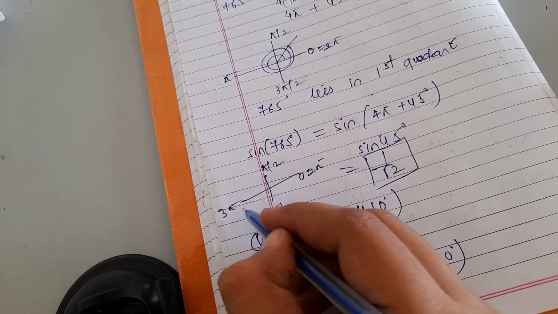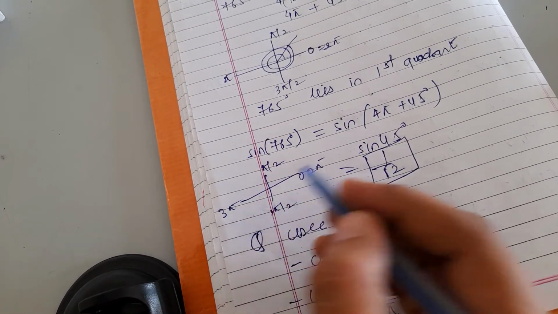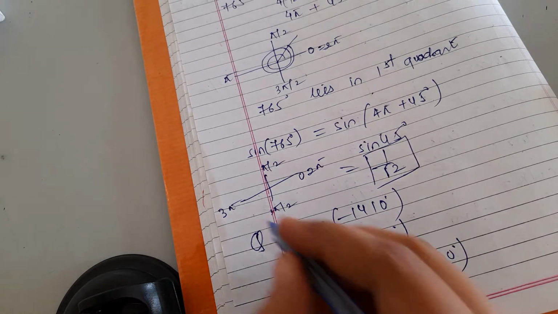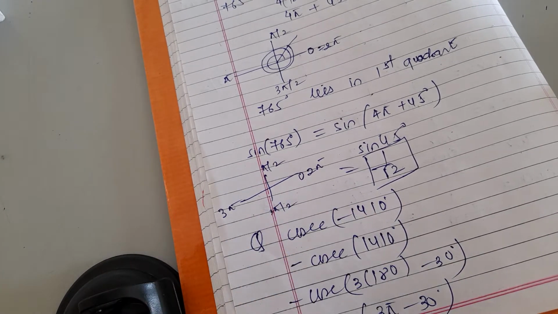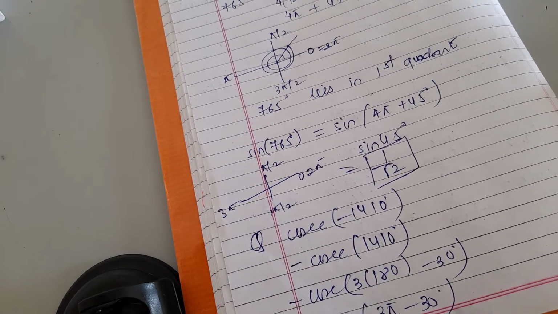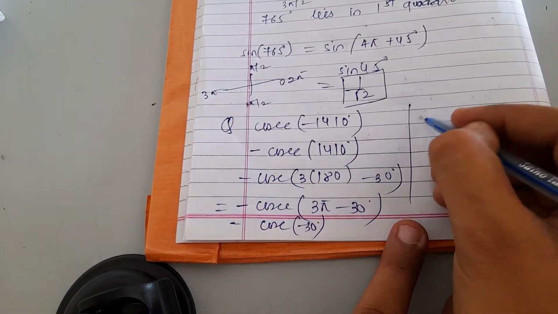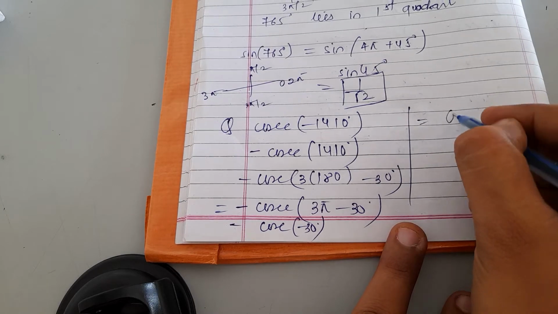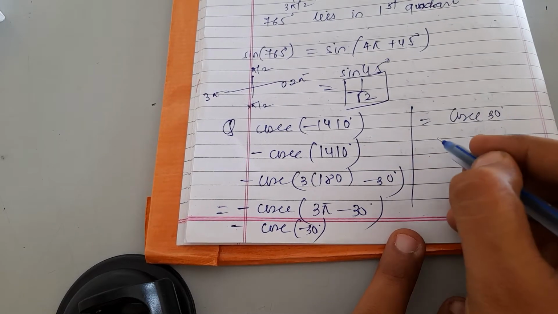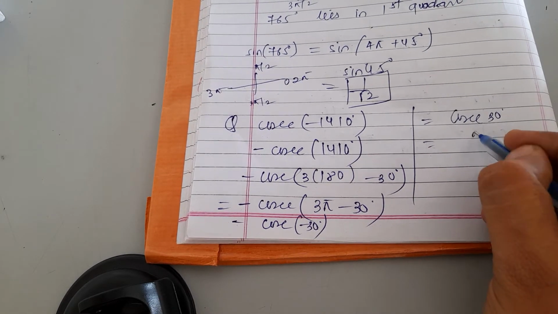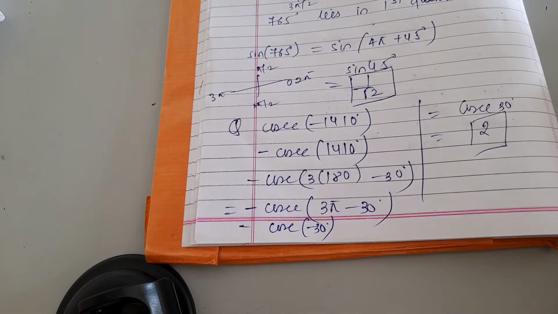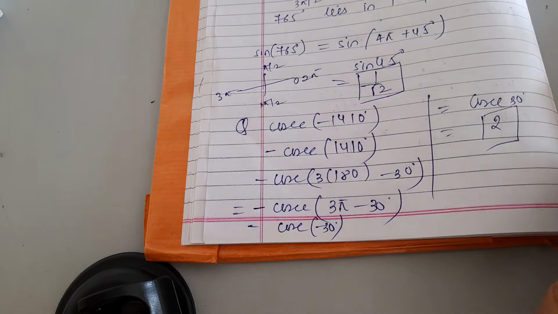So 3 pi minus, here we will get minus of minus 30 degree, right? And that is equal to cosec 30 degree. Cosec 30 degree is how much? It is 2. So you get the answer, the value is 2.